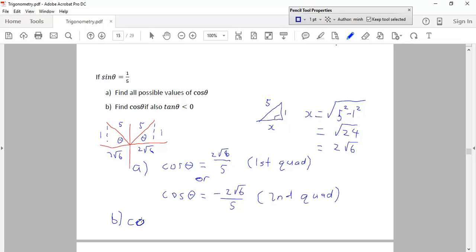So yeah, so cos theta equals negative 2 root 6 over 5. And if you wanted to put a reason in brackets, you can say that tan is negative in the second quadrant.